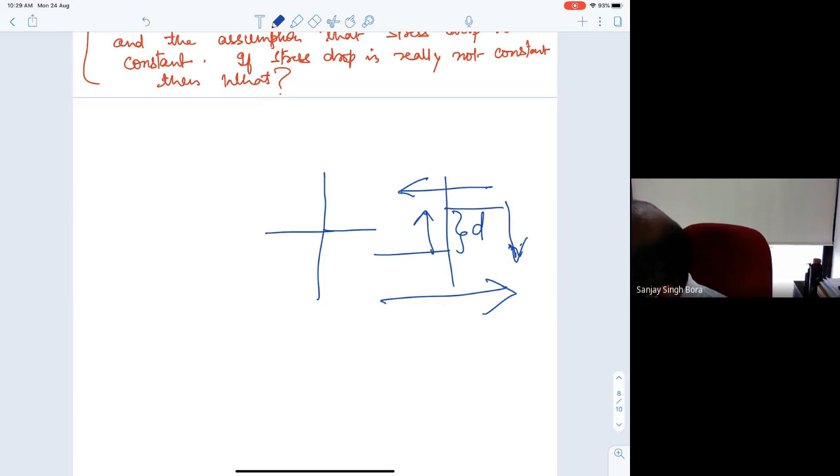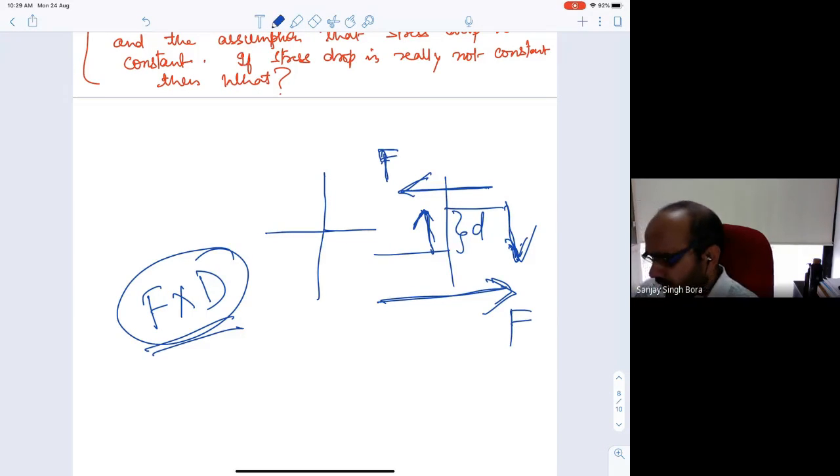So we should have a double couple. This is one force, equal and opposite. This is another force. The actual fault is this, and motion was in this direction. To oppose this motion, we should have an equal and opposite moment. This is F, this is F, and the displacement is D.